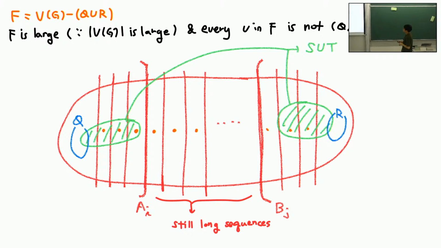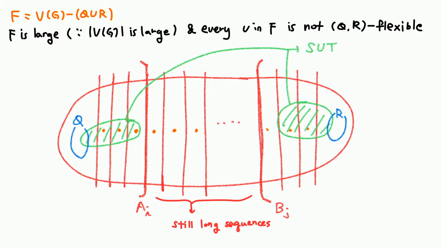Then we know that the size of S union T is very small, because this is what I assumed, and there are many separating sets.